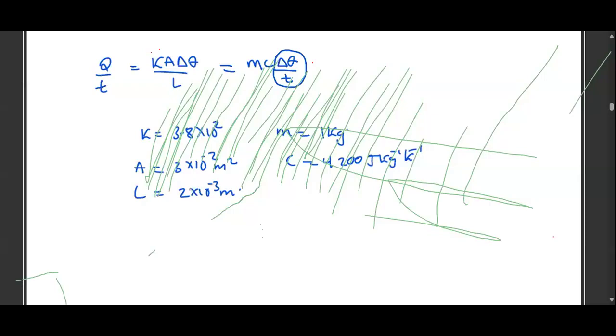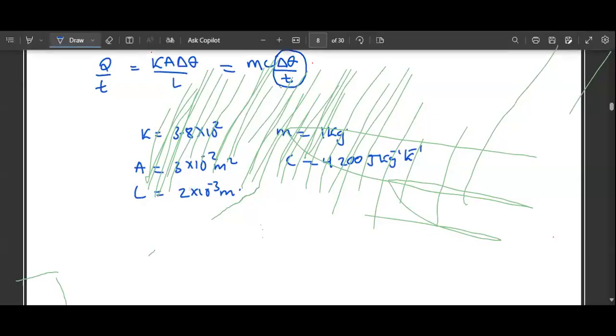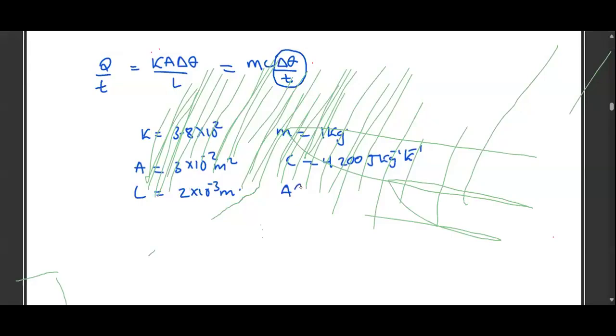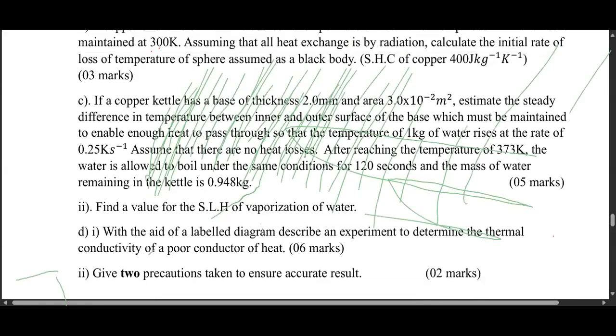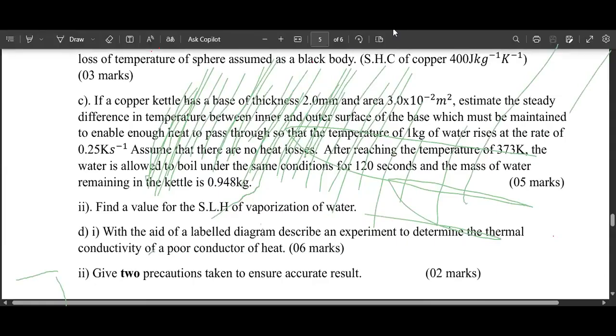Now we can substitute in here. Our delta theta divided by t has been given, if you go back to the question, as 0.25 kelvins per second. That is the rate at which the temperature of the liquid is going to be increasing.